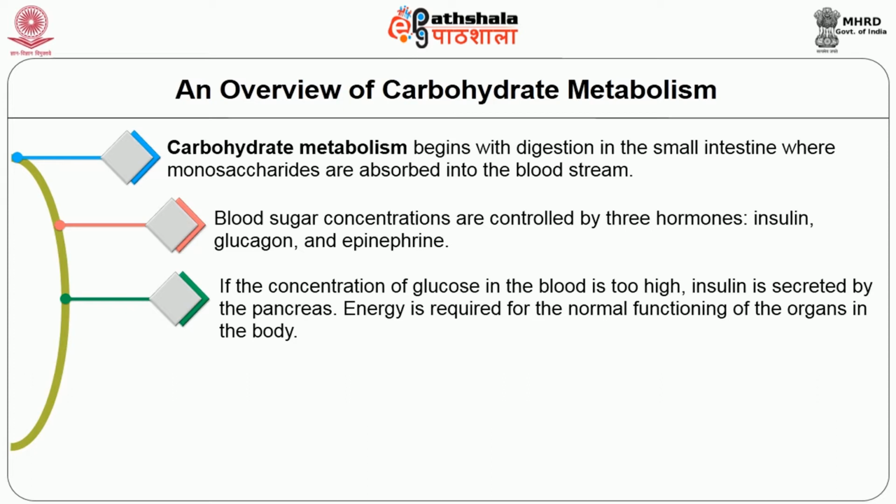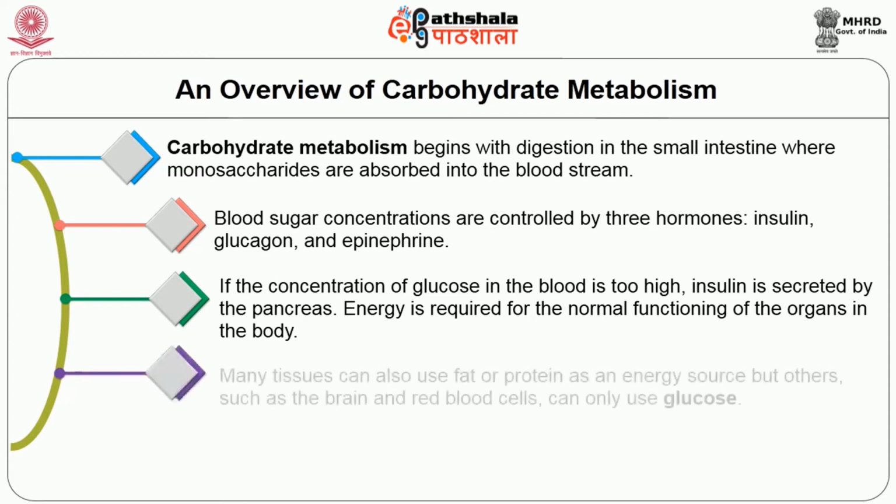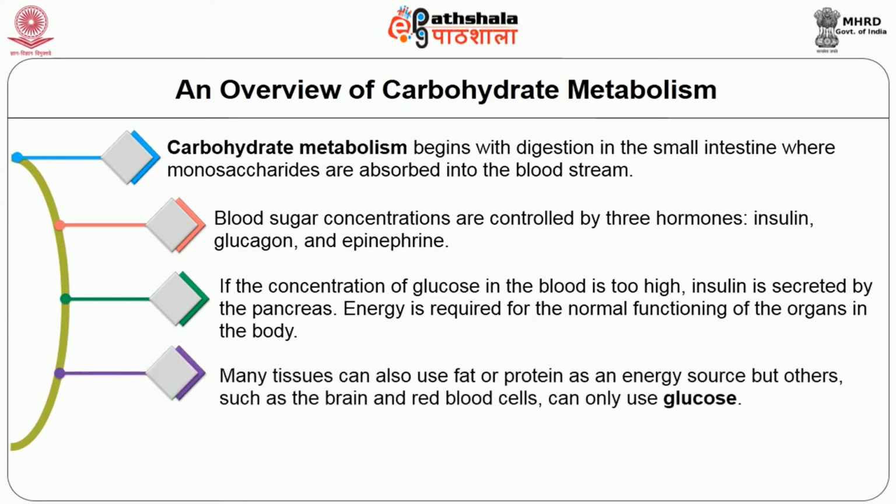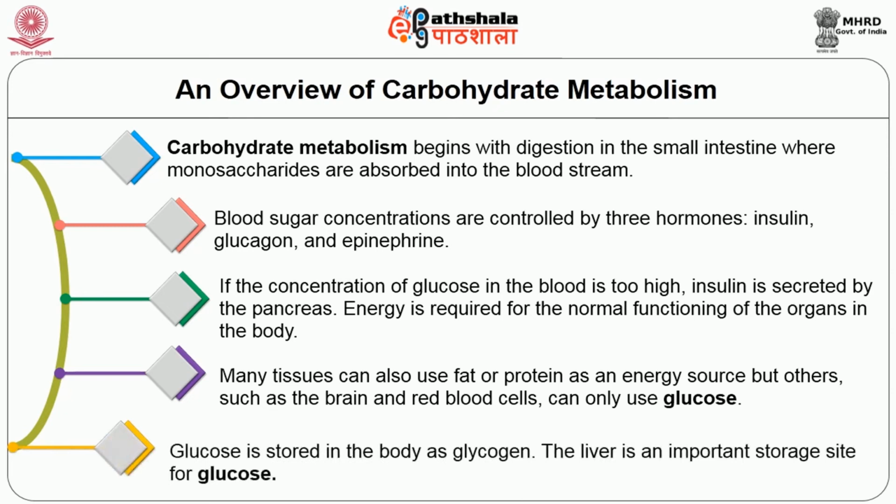It is required for the normal functioning of the organs in the body. Many tissues can also use fat or protein as an energy source, but others such as the brain and red blood cells can only use glucose. Glucose is stored in the body as glycogen. The liver is an important storage site for glucose.